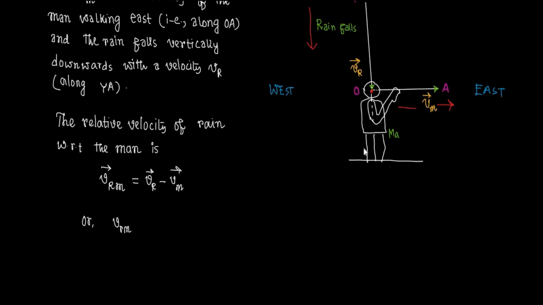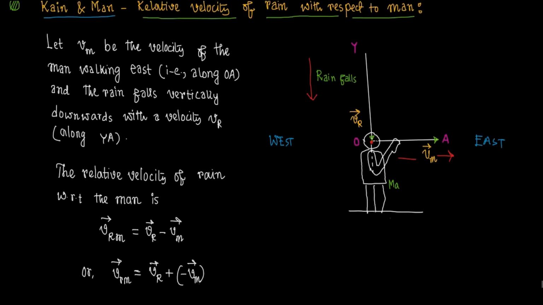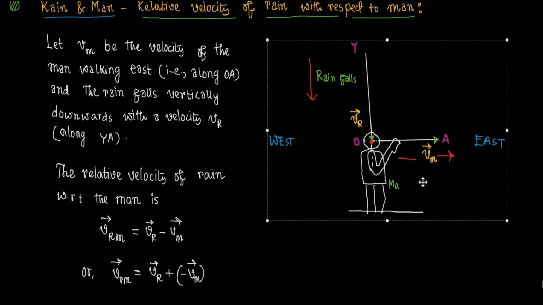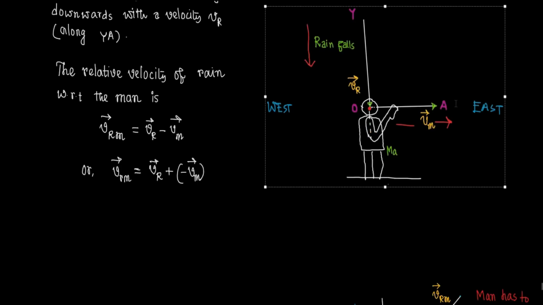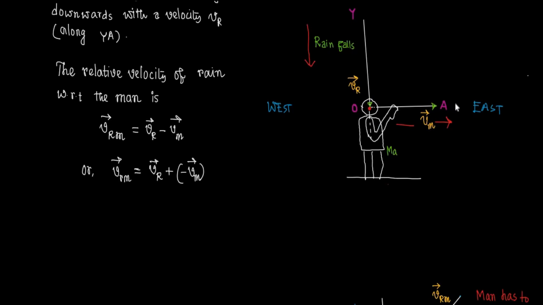We can write vector Vrm as equal to vector Vr plus, in brackets, minus vector Vm. That is the relative velocity of the rain with respect to the man.